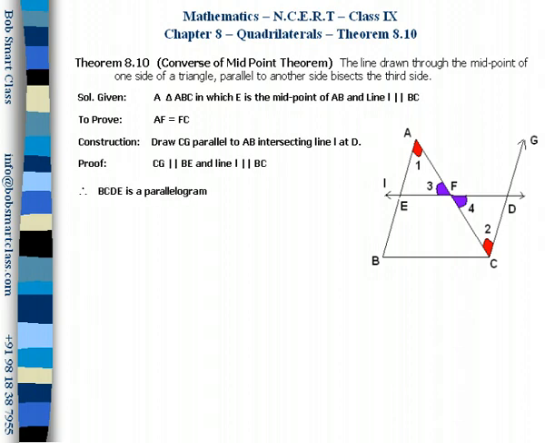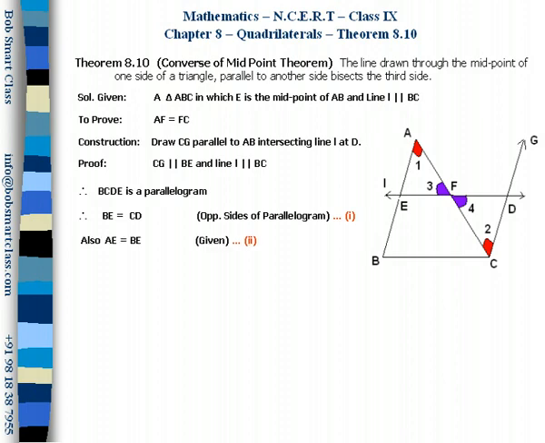Therefore, quadrilateral BCDE is a parallelogram because opposite sides are parallel. Therefore, if this quadrilateral is a parallelogram, then opposite sides are also equal. Therefore, BE equals CD.